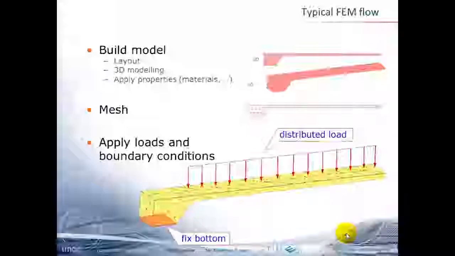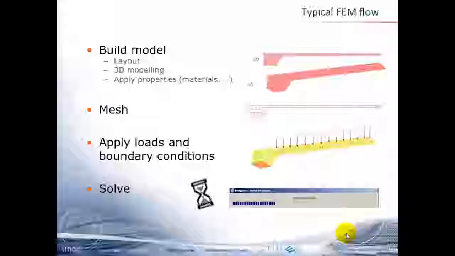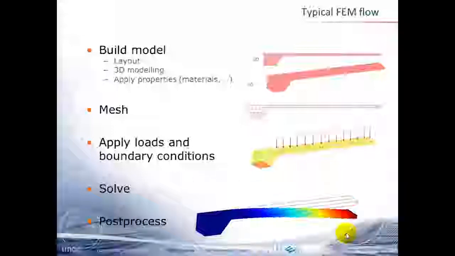In this case, just a simple cantilever beam, and then you can solve it. And for this one, it is done within seconds, but for complex ones you have to wait. And if you're lucky, the assembly of the big matrix is okay, but sometimes it crashes already there, and then it starts solving the system, and you get, of course, these nice animations by which the software vendors sell you this software.